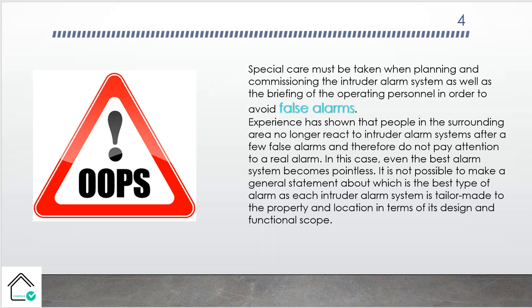Or for example, if your sensor quality is low and it is sensitive to the warm or cold air coming from the air conditioning, so it triggers the alarm although there is no one in the building, so this is also a false alarm.